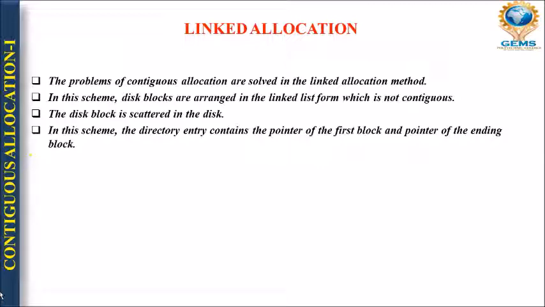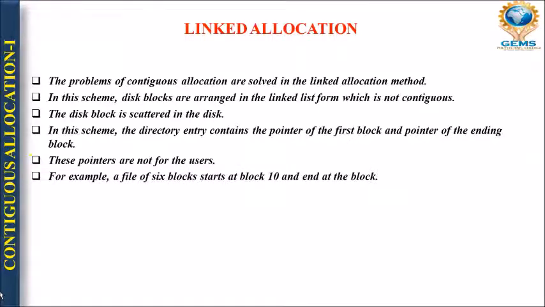Because all these blocks are not occupied continuously, that is why we have such two pointers. Basically, these pointers are not for users. Users cannot access them; these pointers are accessed by the operating system only. For example, suppose a file of 6 blocks starts at 10 and ends at a block.